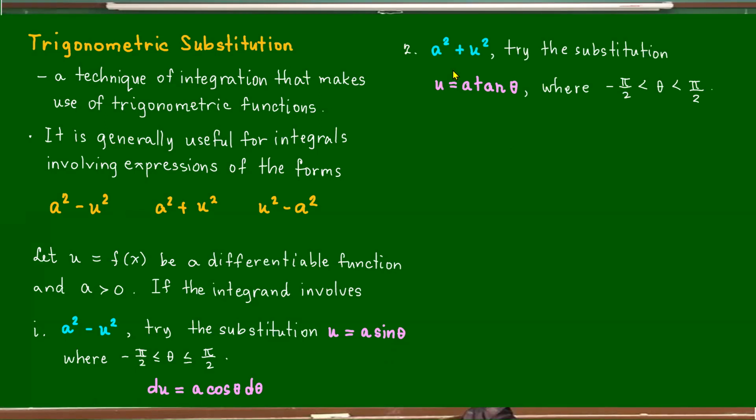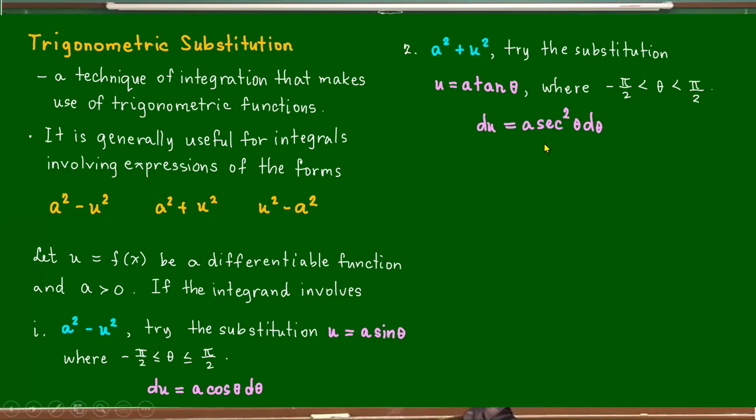If the integrand involves a squared plus u squared, this is what you're going to try: u equals a tangent theta this time, where theta is between negative pi over 2 and pi over 2.